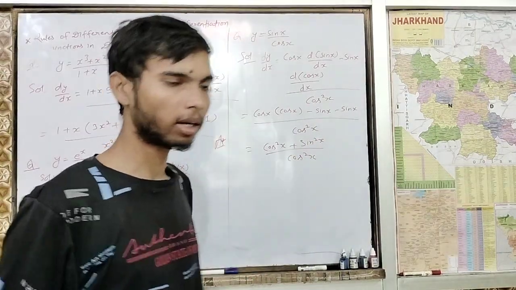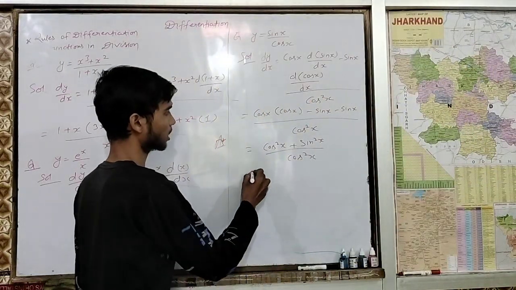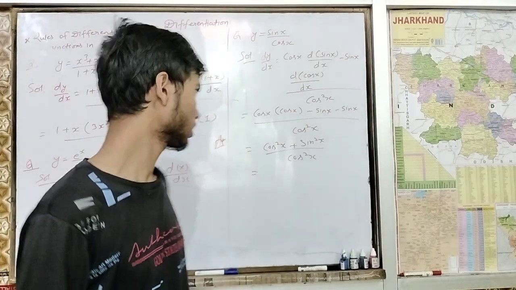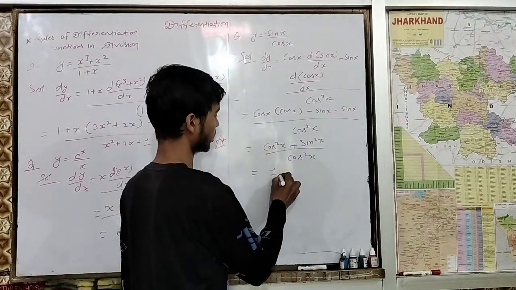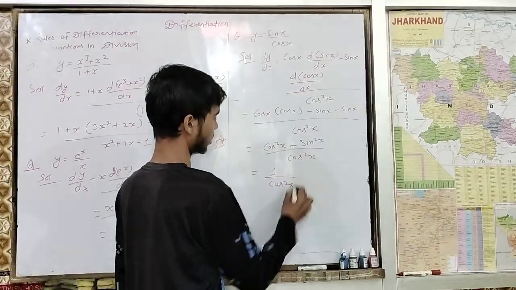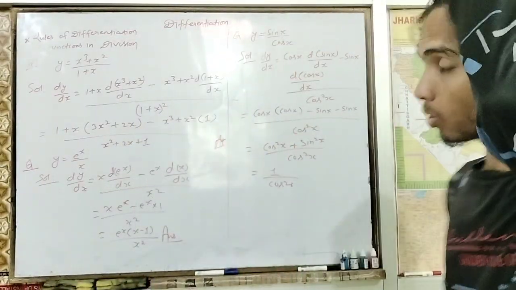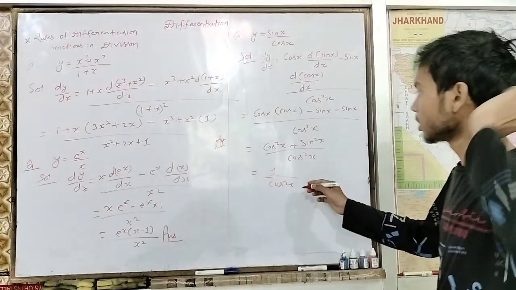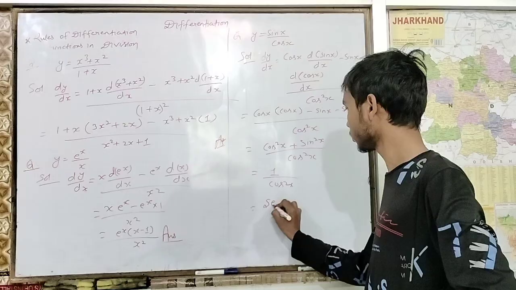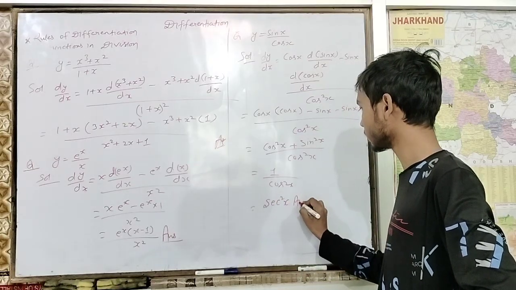Here you can apply the trigonometric identity: sin square x plus cos square x is equal to 1. This will give you 1 upon cos square x, and you know that this is equal to sec square x, isn't it?